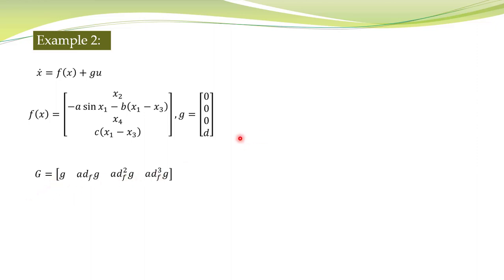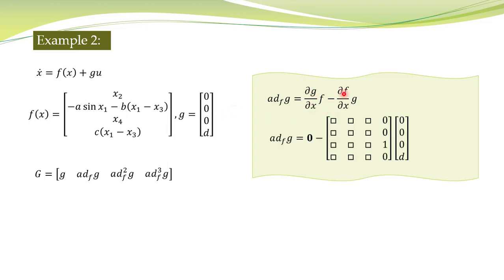G of x is given over here, and this ad adjoint of g along f of x is by definition equal to this expression: the partial derivative of g with respect to x, that is equal to 0, and the partial derivative of f with respect to x multiplied by g. So that is equal to the partial derivative of this term with respect to x1, with respect to x2, with respect to x3, and with respect to x4, and likewise other derivatives.